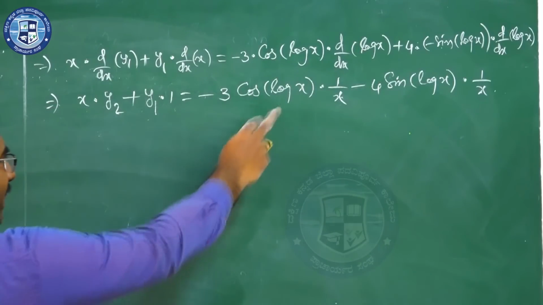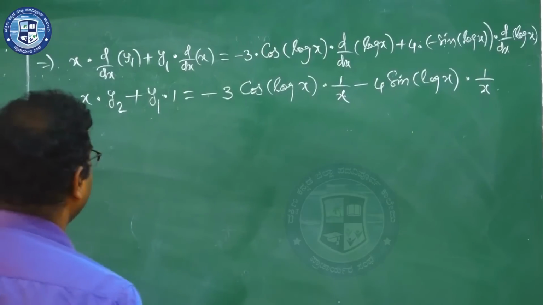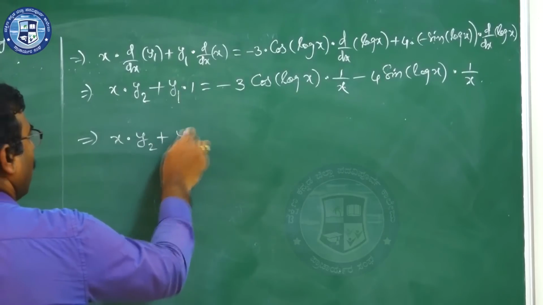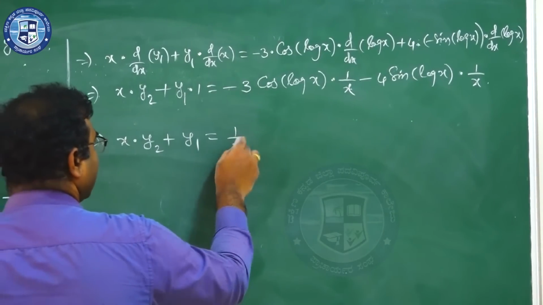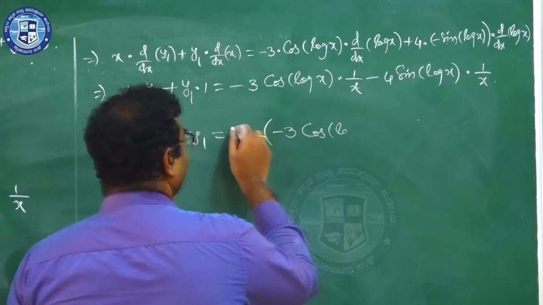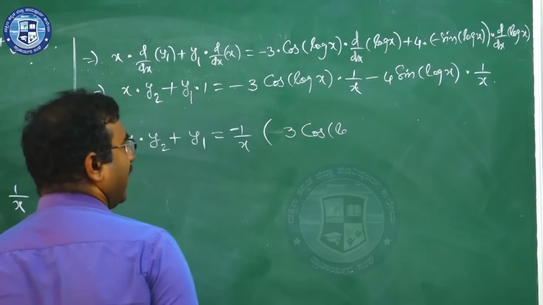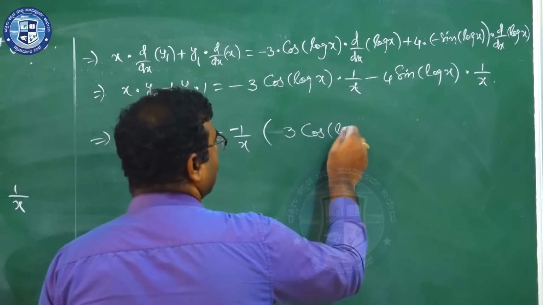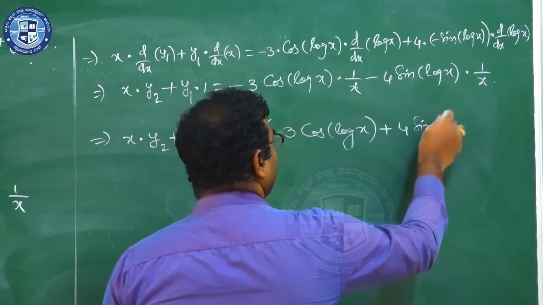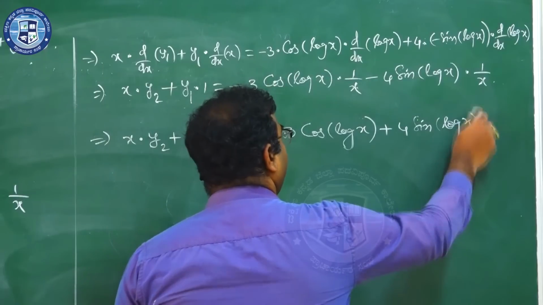Now, you take minus 1 by x common on the other side. x into y2 plus y1 is equal to minus 1 by x, 3 cos log x plus 4 sin log x.